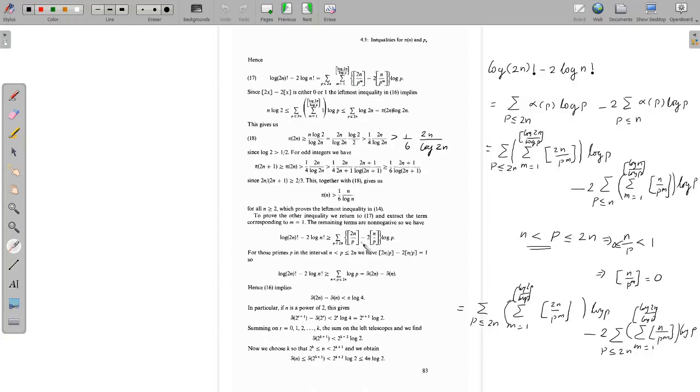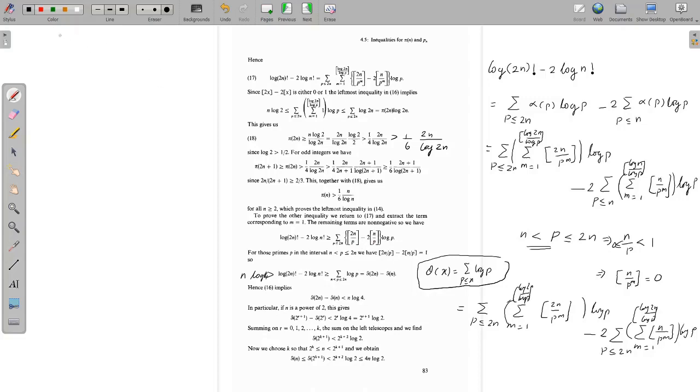This is the term corresponding to m equal to 1. So log 2n factorial minus 2 log n factorial is always greater than or equal to the summation over p less than or equal to 2n. We never change this summation, but we collect only one term from the inner summation, that is 2n by p minus 2 times the integral part of n by p. For n less than p less than or equal to 2n, this is always 1.